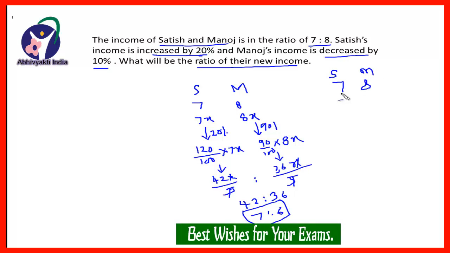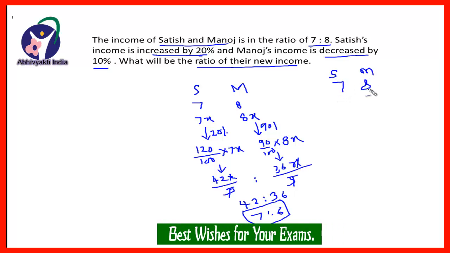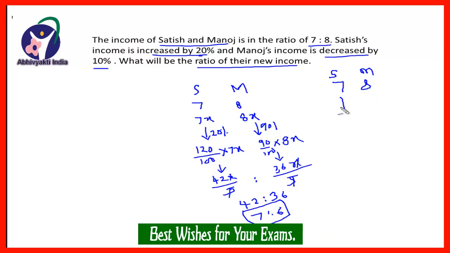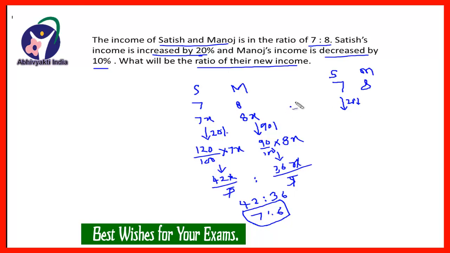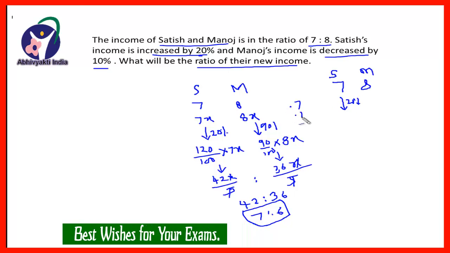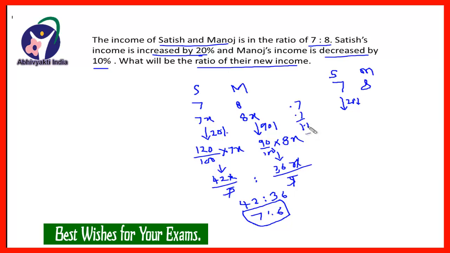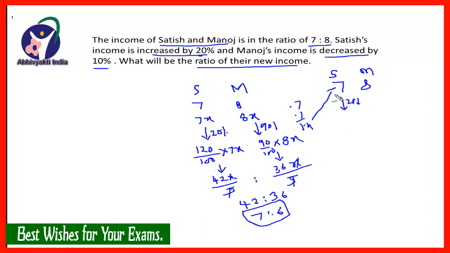So we will take that Satish's income is 7, Manoj's income is 8. It is increased by 20%. So 10% will be 0.7 and another 10% will be 0.7. So 20% will be 1.4. 1.4 plus 7, it will be 8.4.